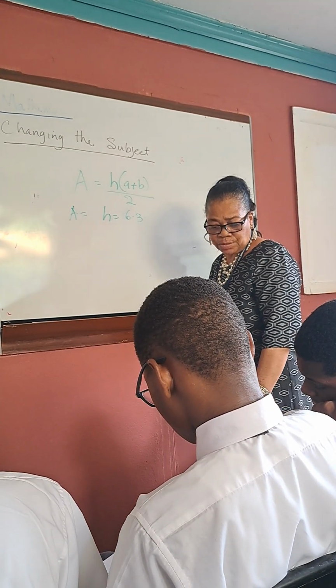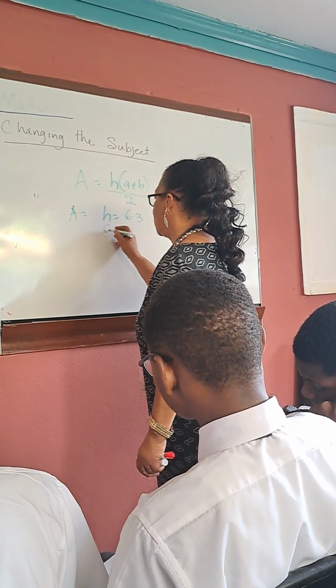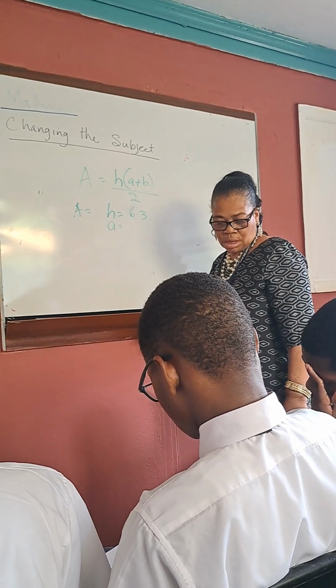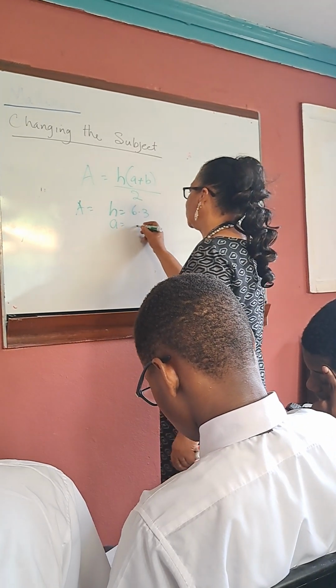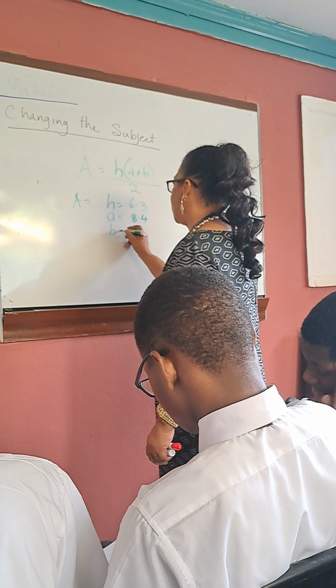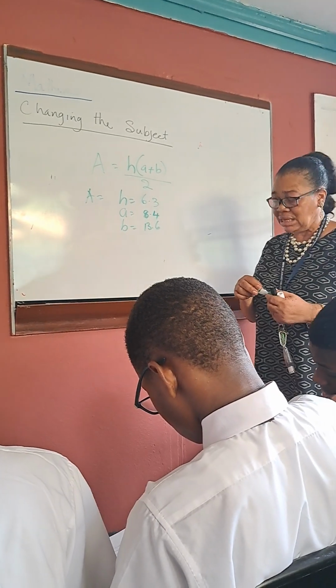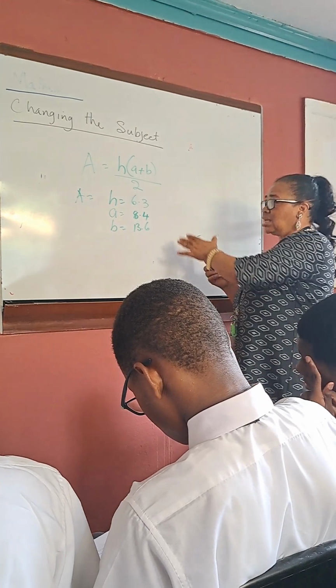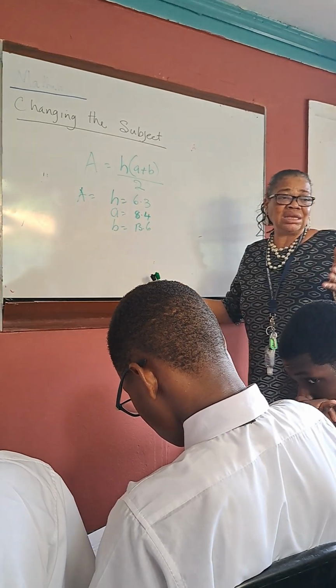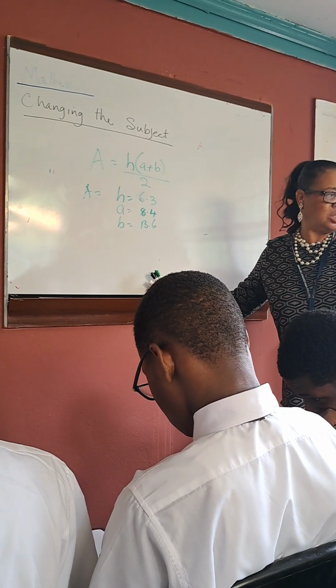Little a is equal to 8.4. What else did they give me? And b equals 13.6. Okay, so as I said, in these cases, the first part of the question is always going to be using substitution.